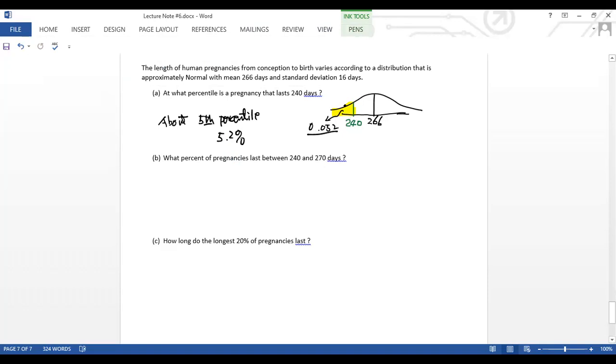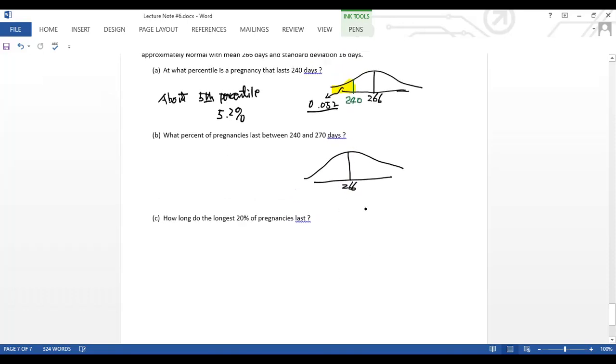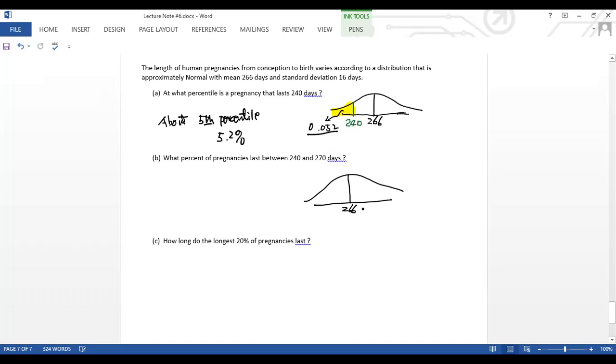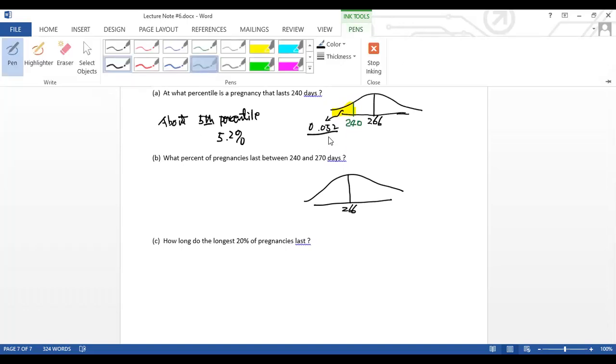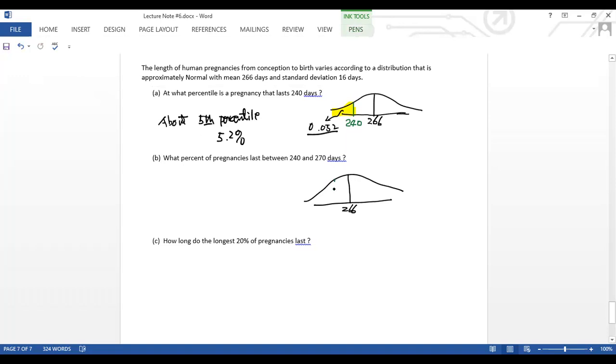Now let's take a look at the next one here. Of course you can use this and put it in R to find it. Let's try to use the R so we can flip back and forth, right? So for part B, remember this is still 266 days. I'm going to find the percent of pregnancies that last between 240 and 270.